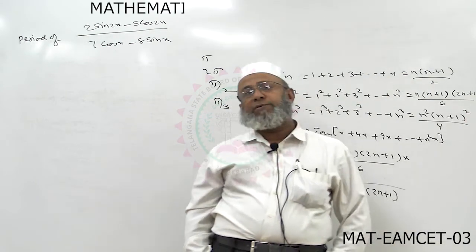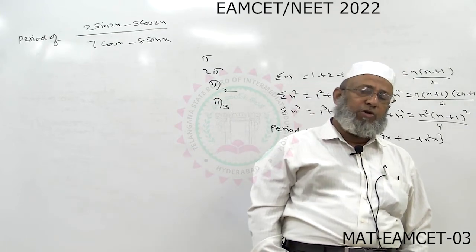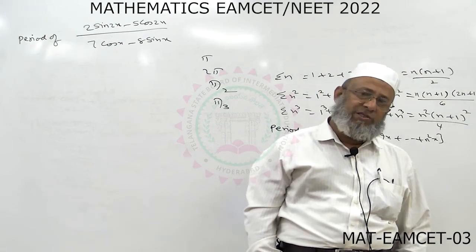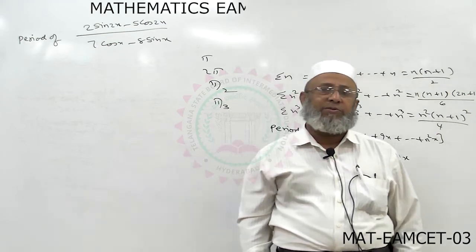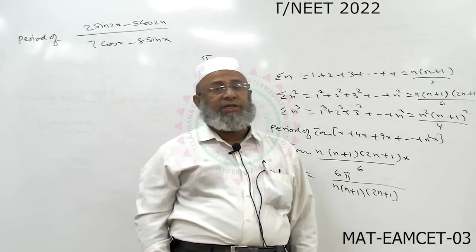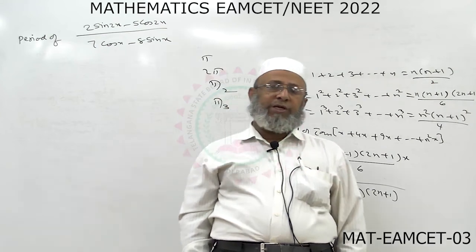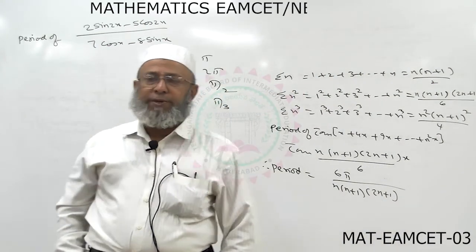So what you have to do is find the individual periods of the numerator terms and take the LCM. Similarly, find the periods of the individual terms of the denominator and take the LCM. After getting the LCM of both numerator and denominator, you take the LCM again. That is your final answer, that is your period.